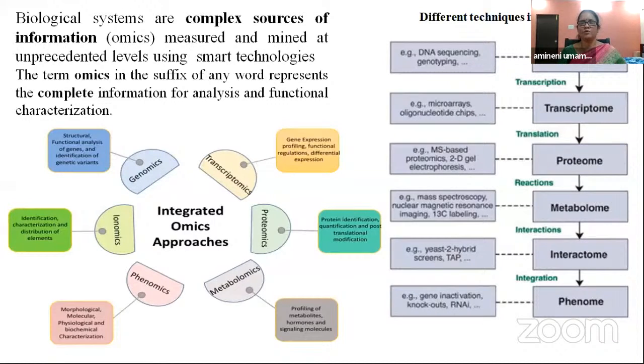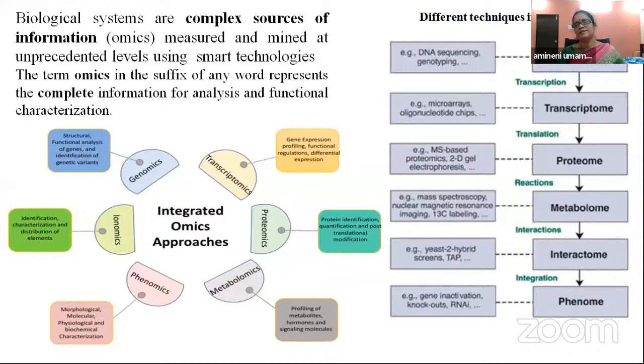From the transcriptome, the proteome will be present, and from the proteome, enzymes will be present, and these enzymes are involved in so many reactions that form different molecules, like small biochemical molecules, hormones, and signaling molecules.